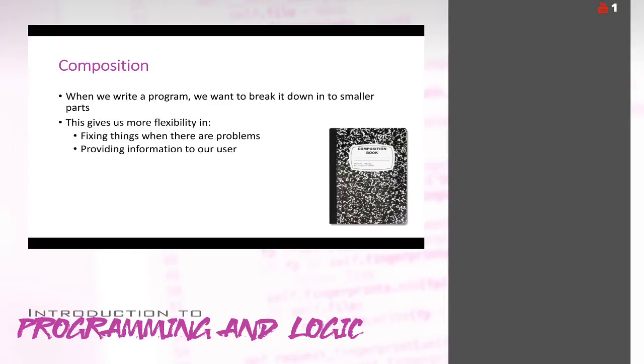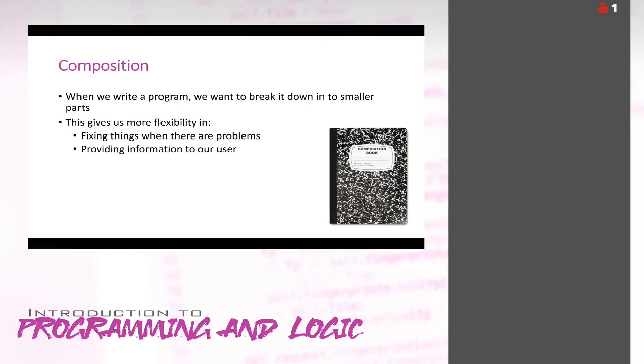It gives us flexibility in fixing things when there are problems. Because we've broken things down into smaller parts, we can isolate where issues might occur, go back to where those issues occur and fix them at the source, and we can use them to provide information to our user.